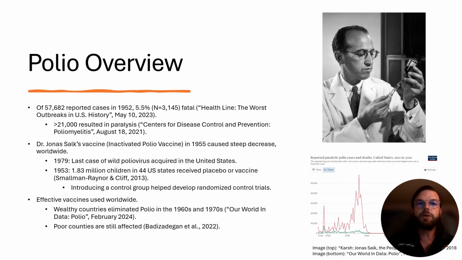In the early 1980s, annually, hundreds of thousands of cases emerged. We can see from this graph below, courtesy of Our World in Data, a steep increase in 1952 and then a steep drop as soon as the vaccine was administered and readily available in 1955.